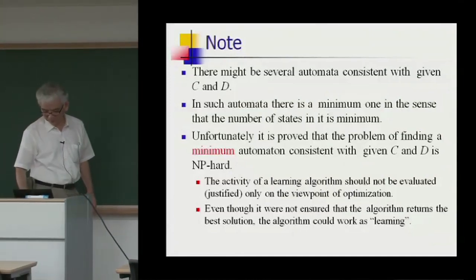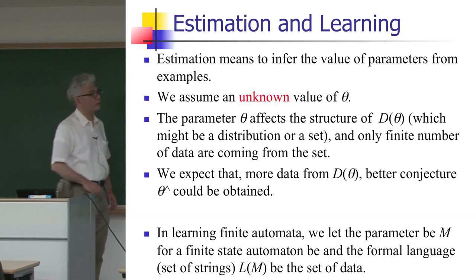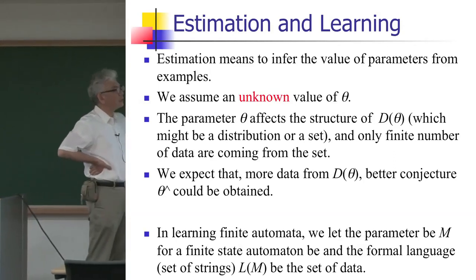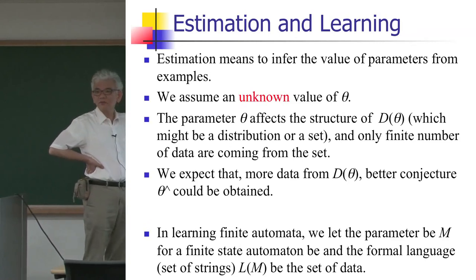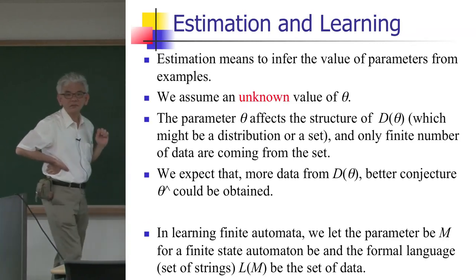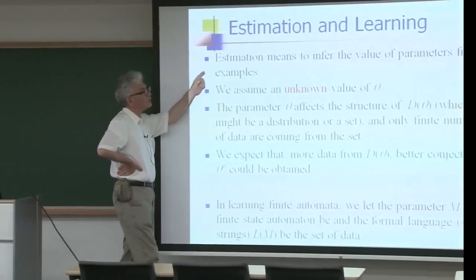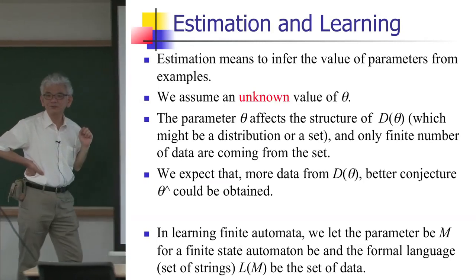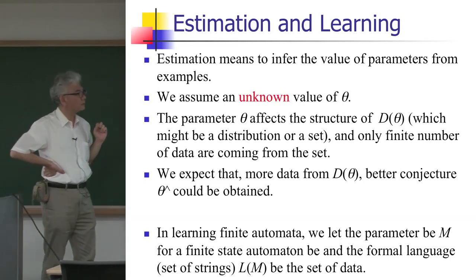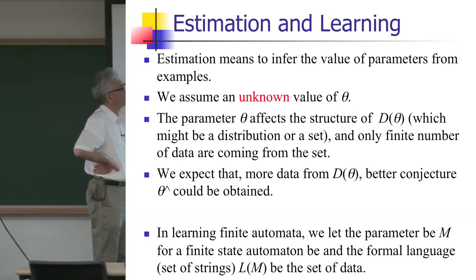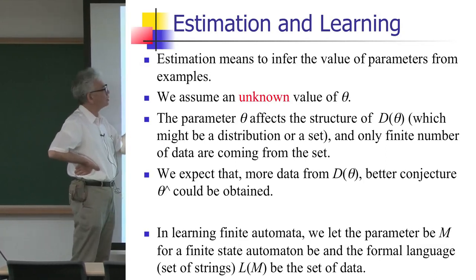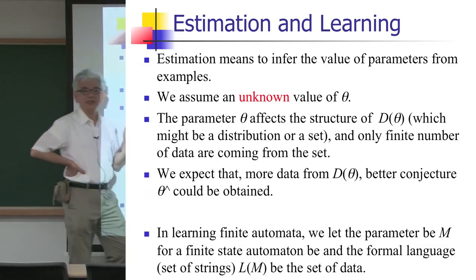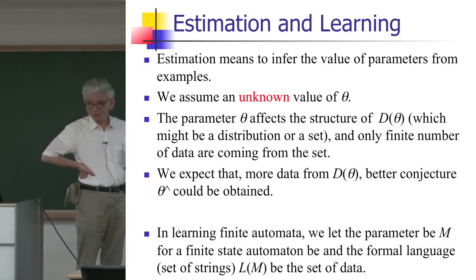So, for the evaluation criteria, I refer to estimation from statistics. In statistics, estimation means to infer the value of some parameters from examples. Okay? And in estimation theory, we assume that a value of theta is given, but it is unknown to us.